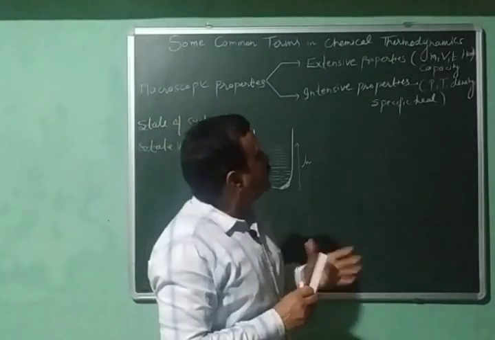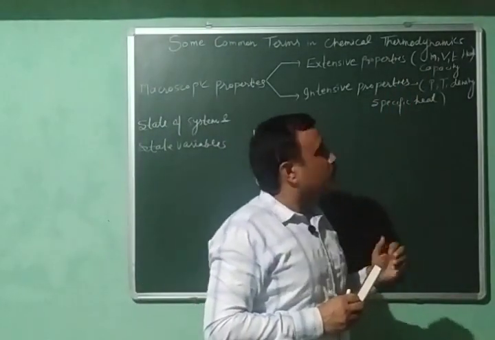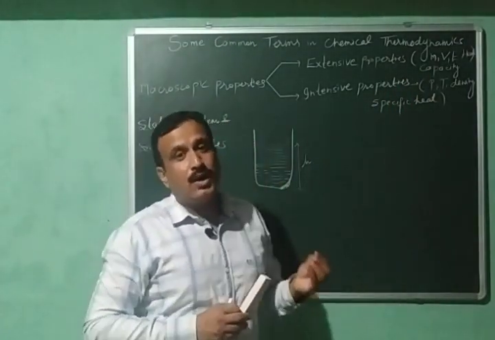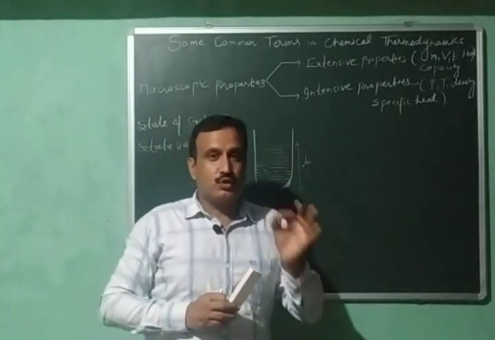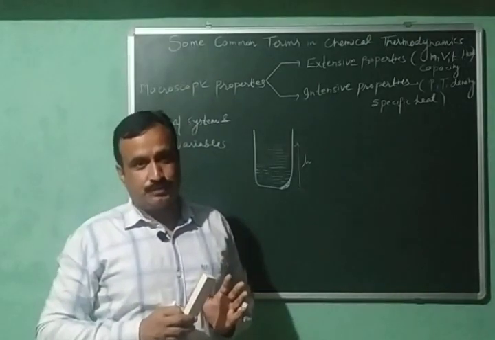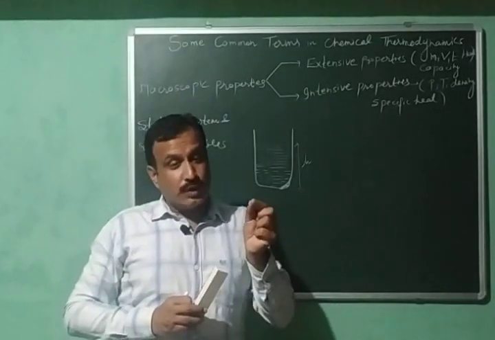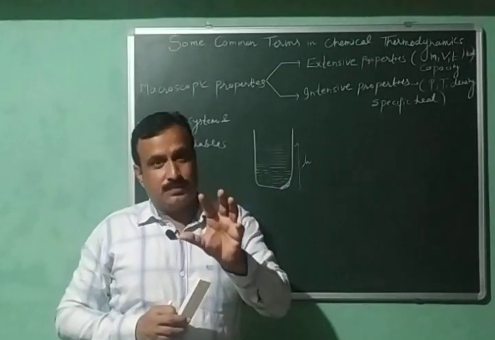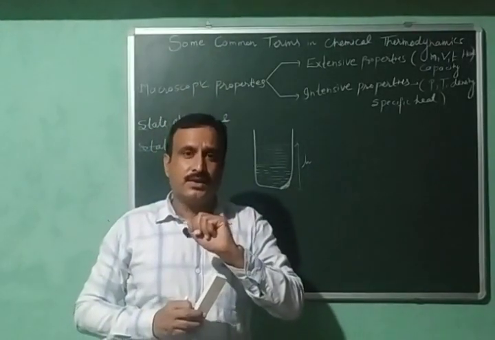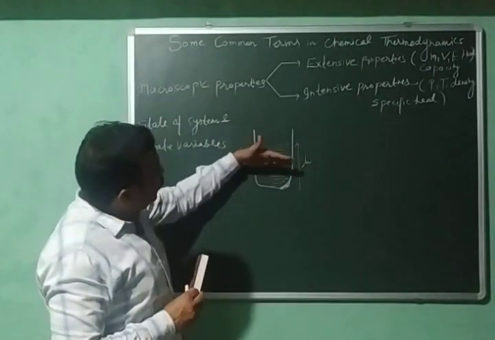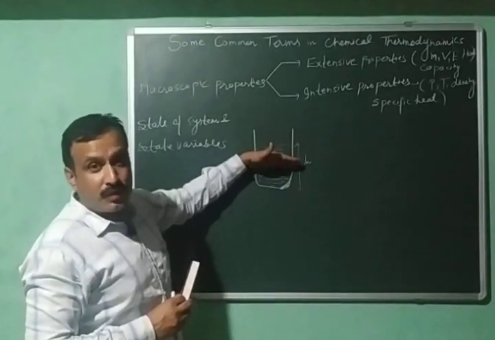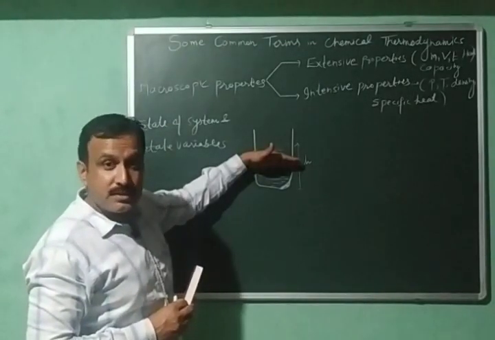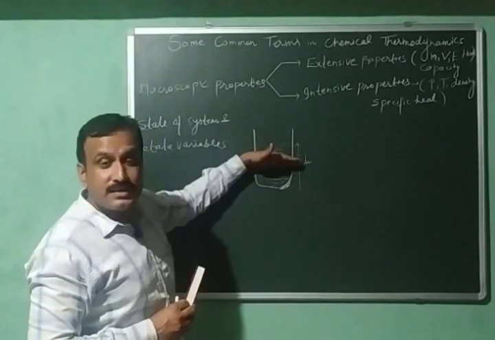Further, let us discuss heat capacity. Heat capacity is the amount of heat required to raise the temperature of the system through 1 degree Celsius, that is, to raise the temperature of the entire system through 1 degree Celsius. So if I have a small amount of water, then less heat will be required to raise its temperature through 1 degree Celsius.